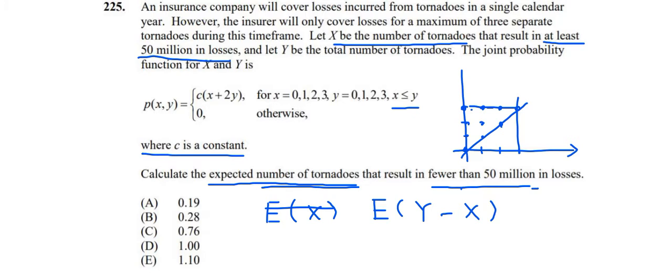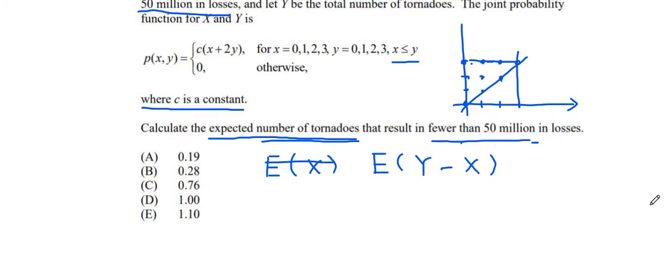So the total probability is 1, and we find that the total probability is C times the summation of X plus 2Y. Let's say when X equals 0, Y can be 0, 1, 2, 3.